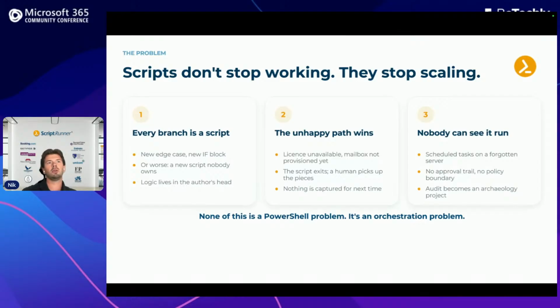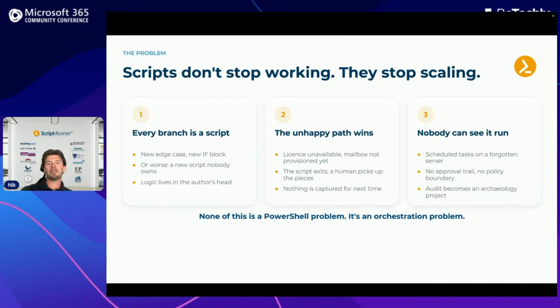So you create a new condition, an if statement, and it works great. But 6 months later, you have 20 different conditions, and the script becomes unreadable. Either you have one huge script that only one person knows how to use, or you have 20 different scripts for each use case that also nobody knows when to use.